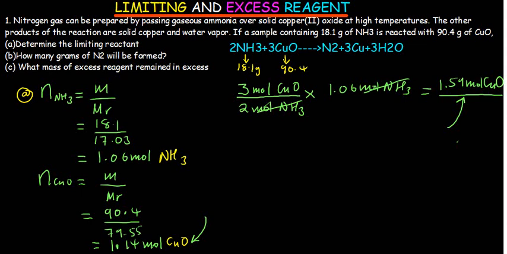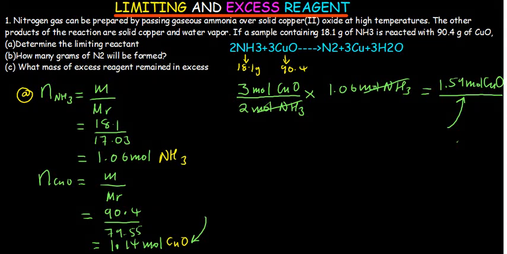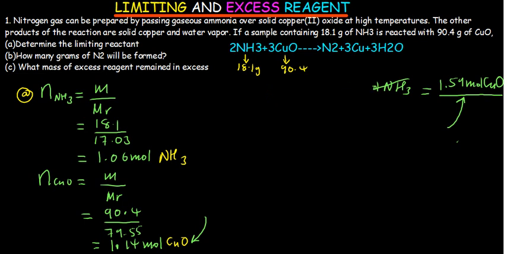Now that we've determined the limiting reagent, we know that the limiting reagent is what determines the amount of product. Another way that we can determine the limiting reagent is to get any product. In this case, let me talk about nitrogen.